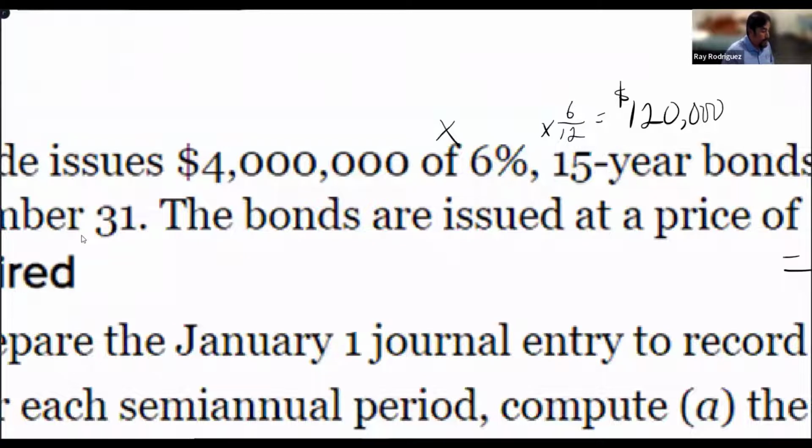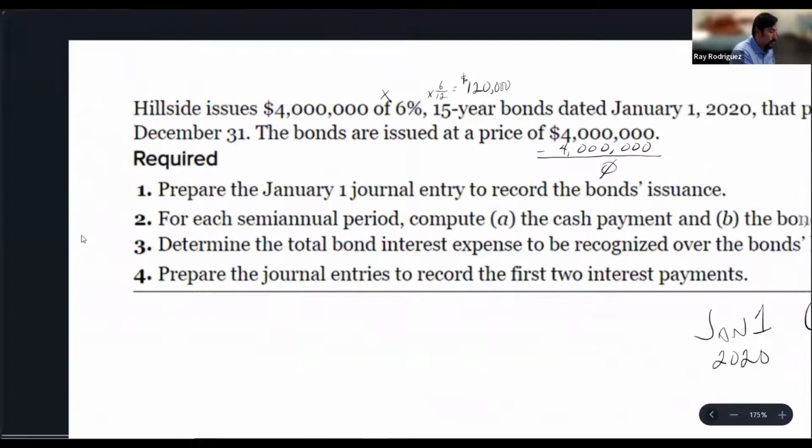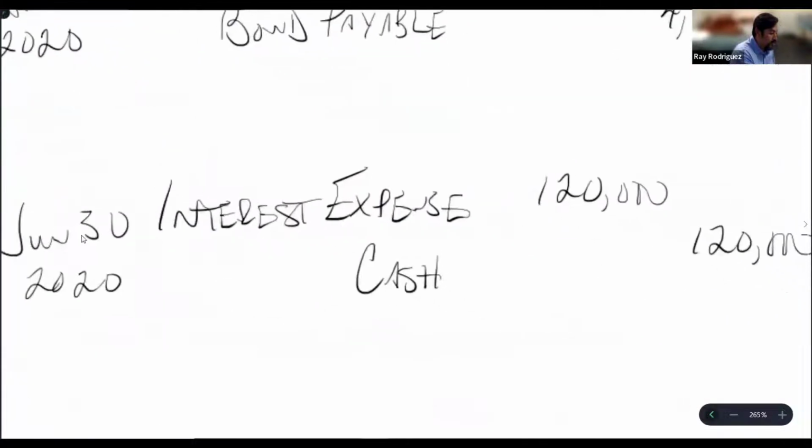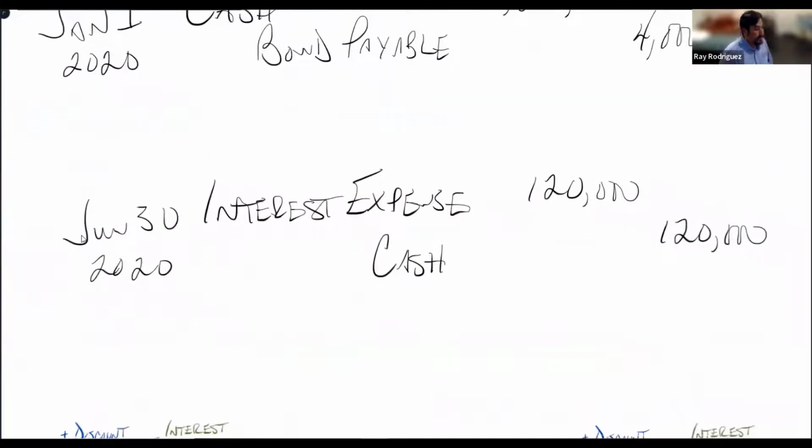So 4 million times 0.06 times 0.5 is $120,000. We need to make a cash interest payment to the bondholders for $120,000 every 6 months. And again, since this is a par problem, there's no discount or premium on bond payable in this journal entry. That full 120 is called interest expense.